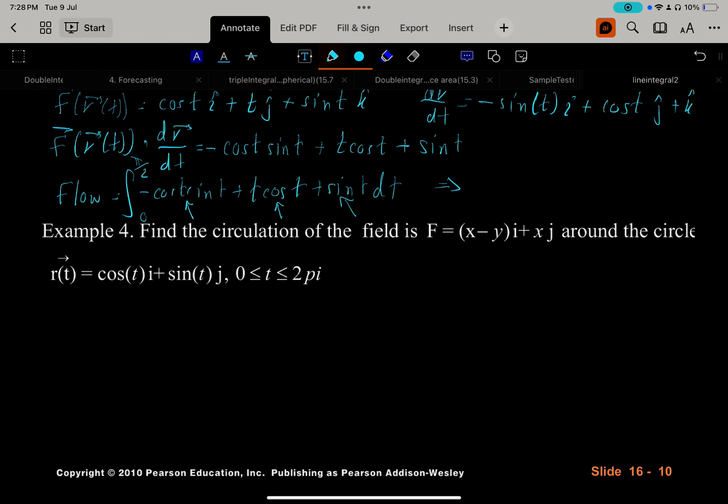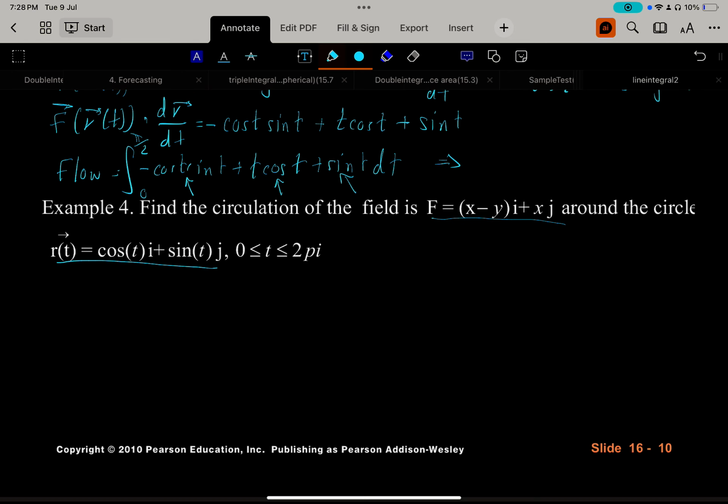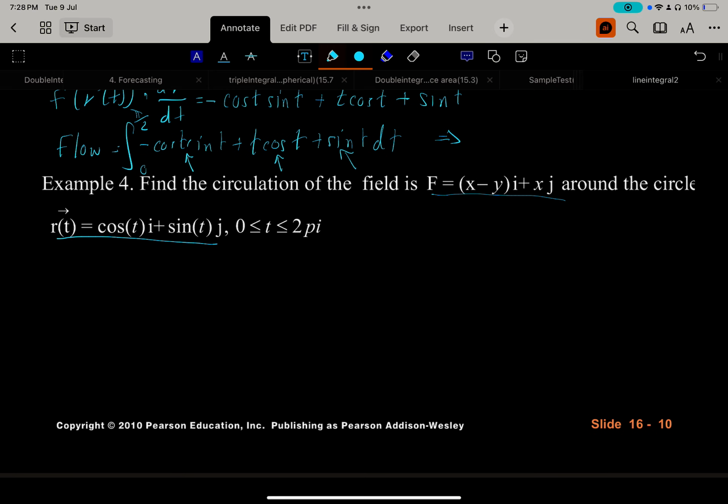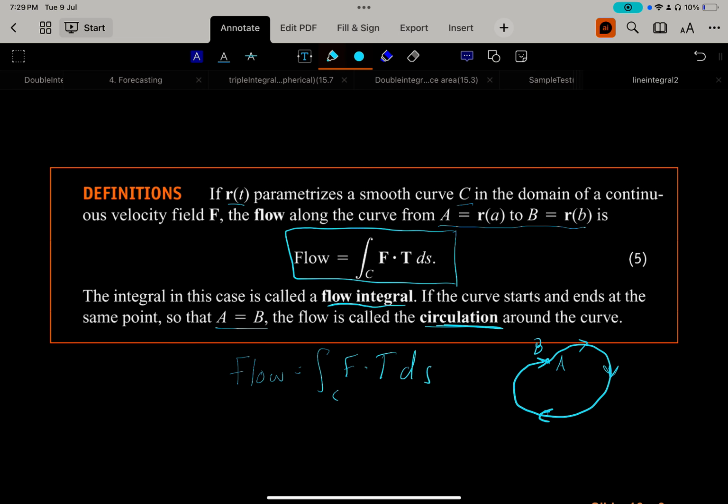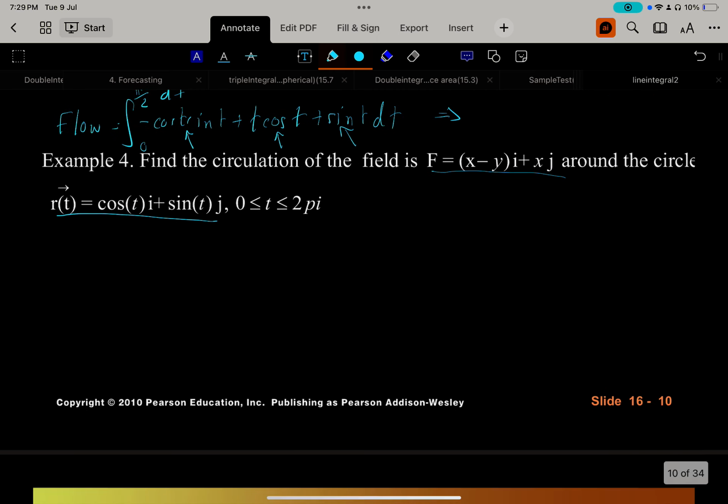So let's say example 4. We want to find the circulation of the field. This is the circulation around the circle, from 0 to 2 pi, so we're going to circle around. We want to find basically the flow. The circulation, we said, is when the curve starts and ends at the same point.